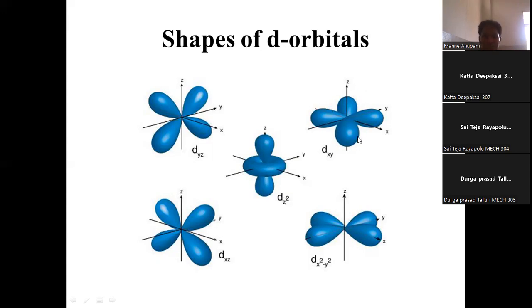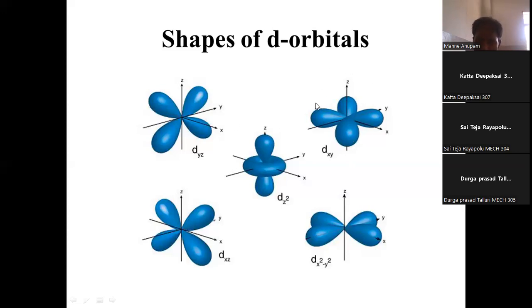Now we will see dxy. This is the x-axis, this is the y-axis, and this orbital is present in between the axes, in between the x and y axes.